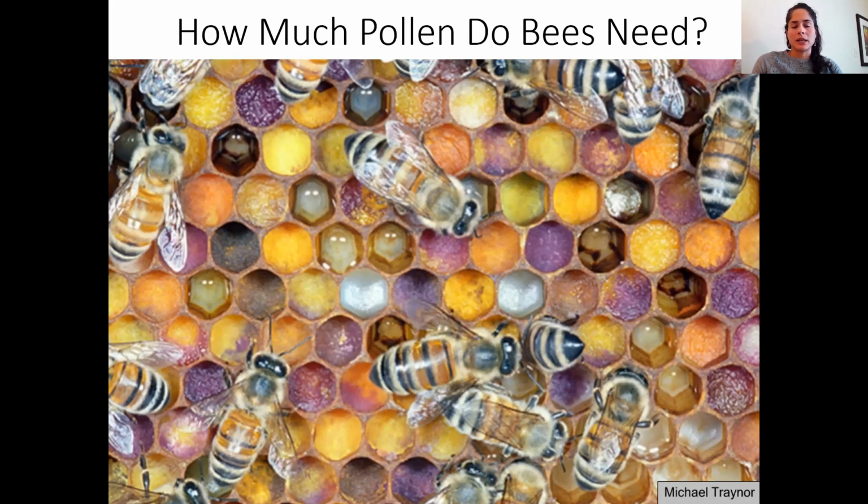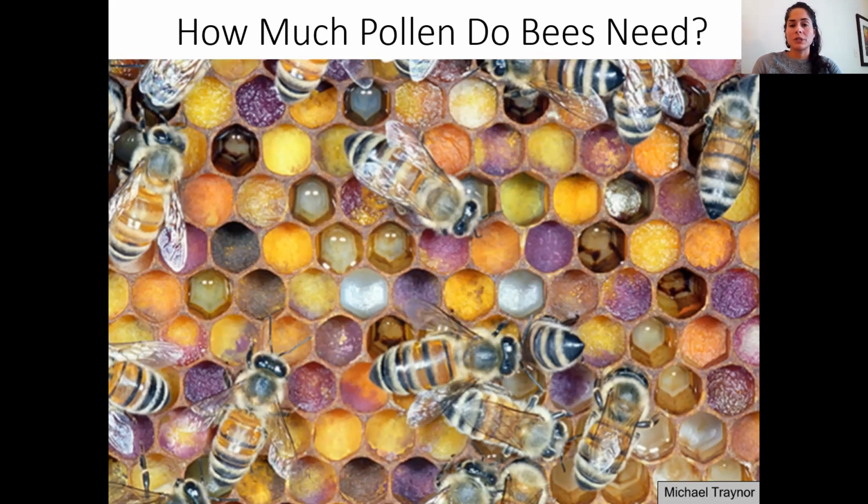Bees collect pollen and pack it really tight in these cells. As you can see here, it's very pretty and very diverse. The colorful picture is not just so it looks pretty, but also to point out that bees need a diverse food.